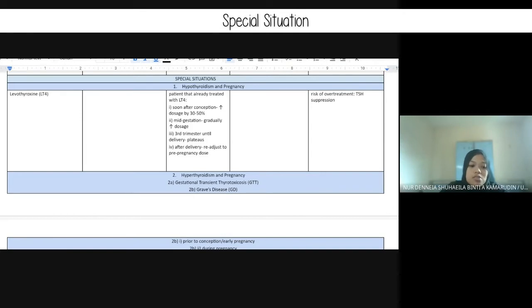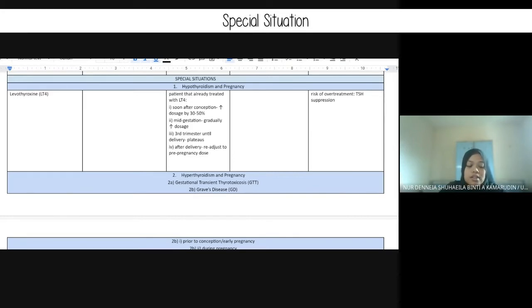The dosage can be gradually increased through mid-gestation, which is between 16 to 20 weeks, and later during the third trimester until the delivery. The dosage required plateaus. And levothyroxine dosage can be readjusted to pre-pregnancy level after the delivery.